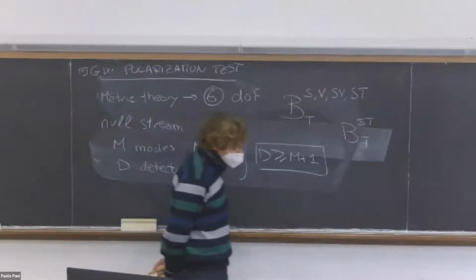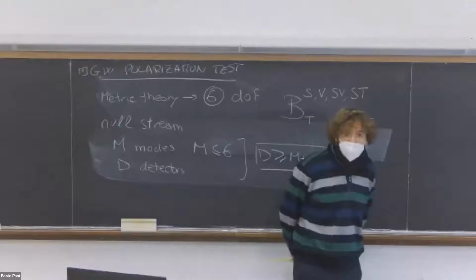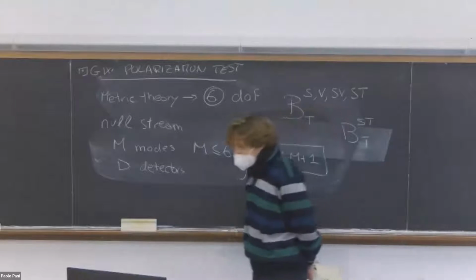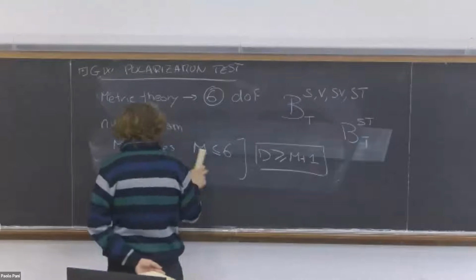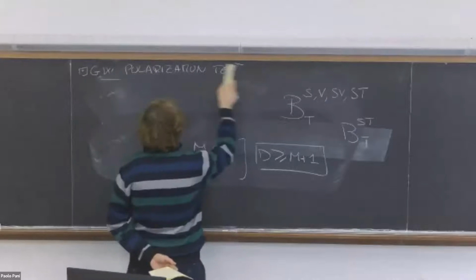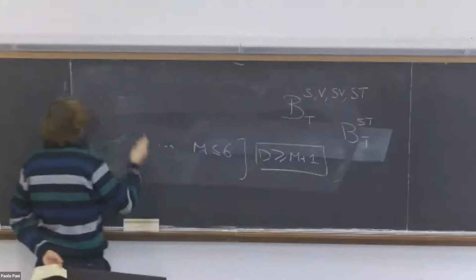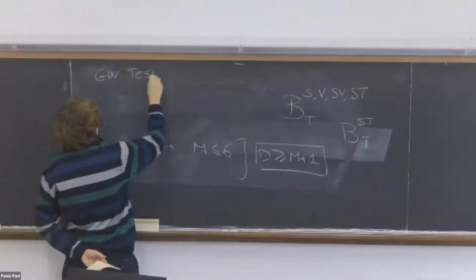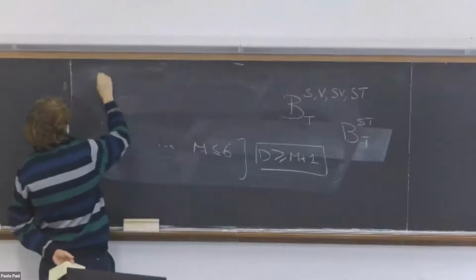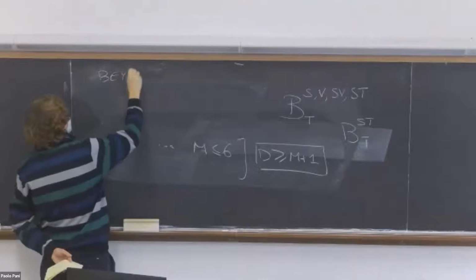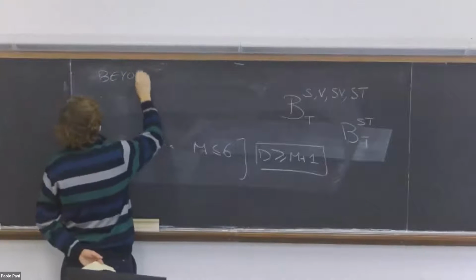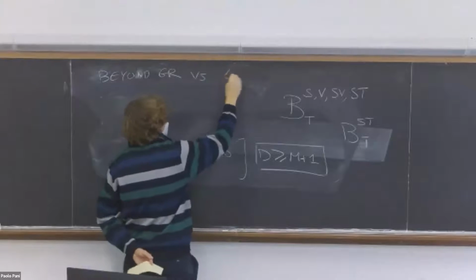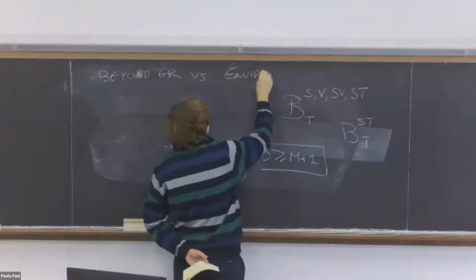Can we be sure that it is due to modified gravity, so a beyond-GR effect, or something else? In fact, an important point that one should always take into account is to compare beyond-GR effects versus what I would call environmental effects.